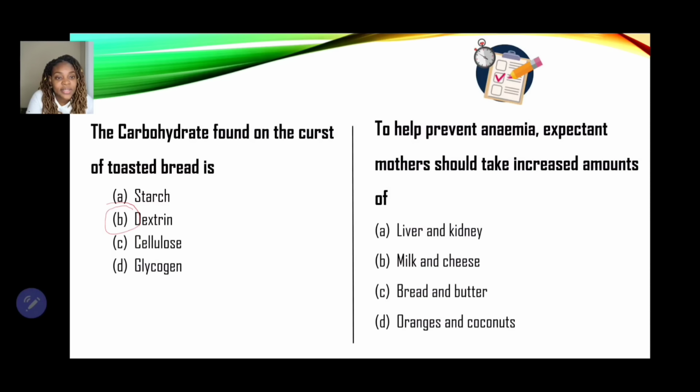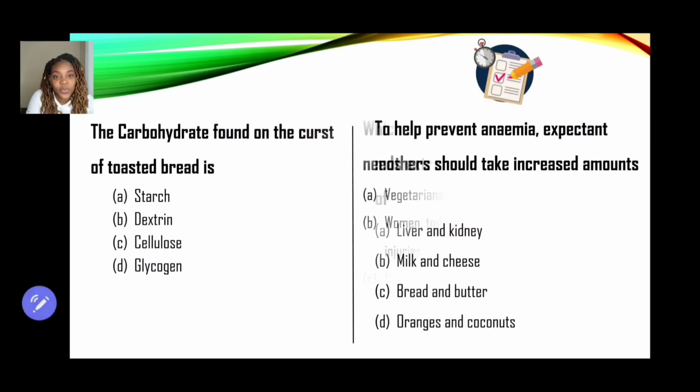Good. So A, liver and kidneys, which are rich sources of iron. B, milk and cheese. C, bread and butter. And D, oranges and coconuts. Which is the ideal answer, guys? If your answer is A, you are correct.